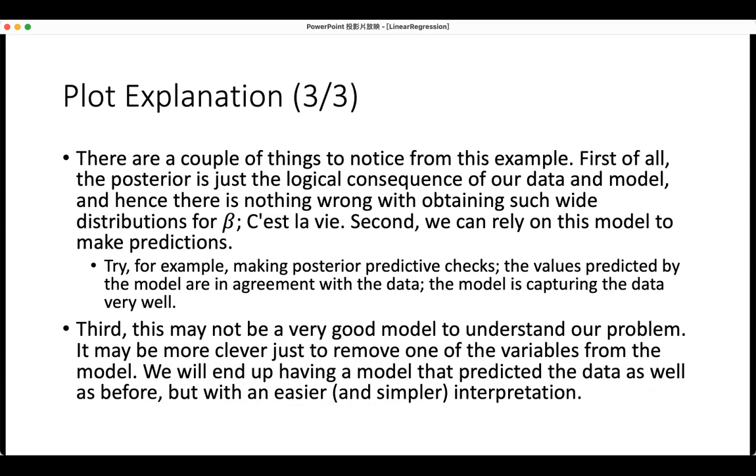Of course, in this particular example, keeping x1 is more meaningful, but that's because we know we generated x2 and y from x1. But in reality, we may not know. So we'll end up with a model that predicts the data as well as before, but with an easier interpretation. At least you have only one independent variable, so it's supposedly easier to explain.